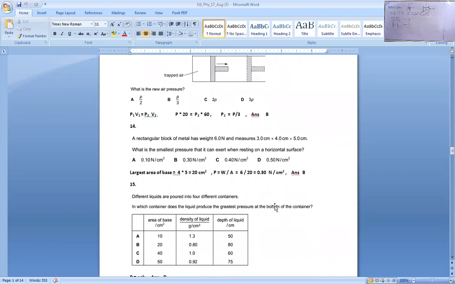Number 14 says a rectangular block of metal has a weight of 6 Newton and measures 3 centimeter by 4 centimeter by 5 centimeter. So 3 into 4 into 5 are the dimensions of the rectangular block, length, width, height, whatever. What is the smallest pressure? Again, for smallest pressure, I will use the largest area.